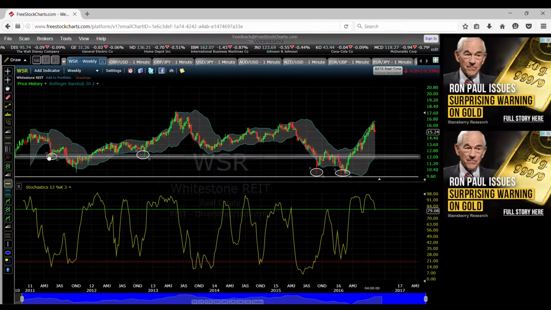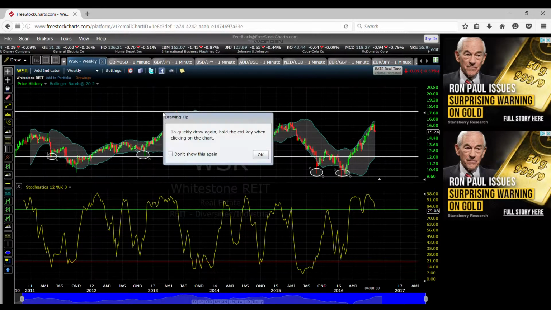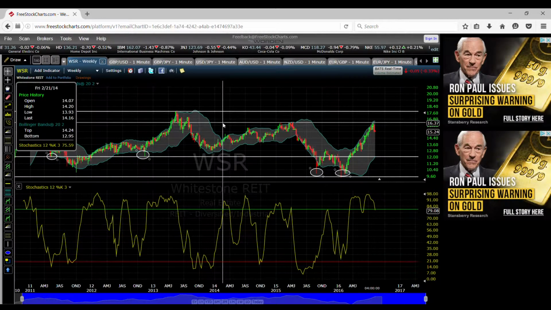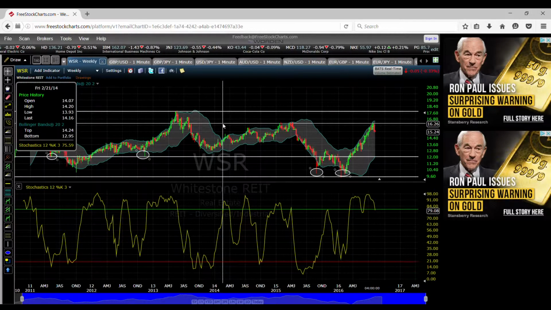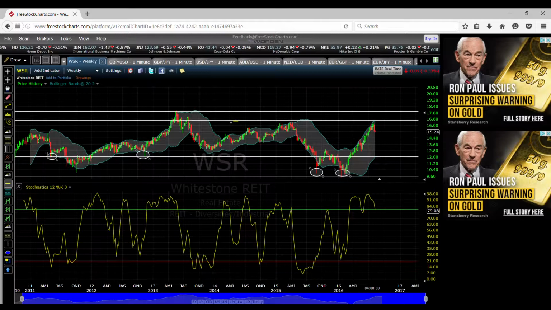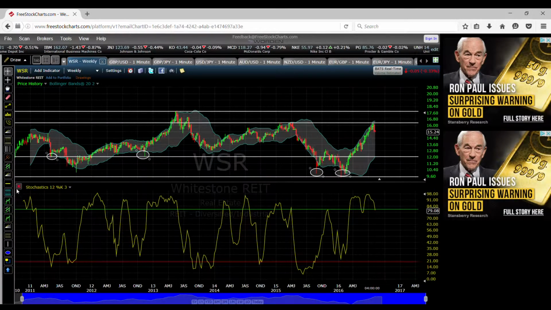For resistance levels though, all you have to do really is just point out the highest points or the highest highs on the charts here, like right here. Let's see if I can get it again. This is a good one right here for resistance.